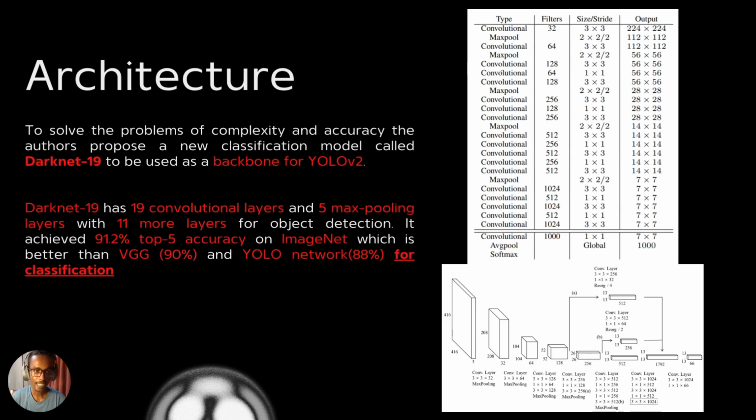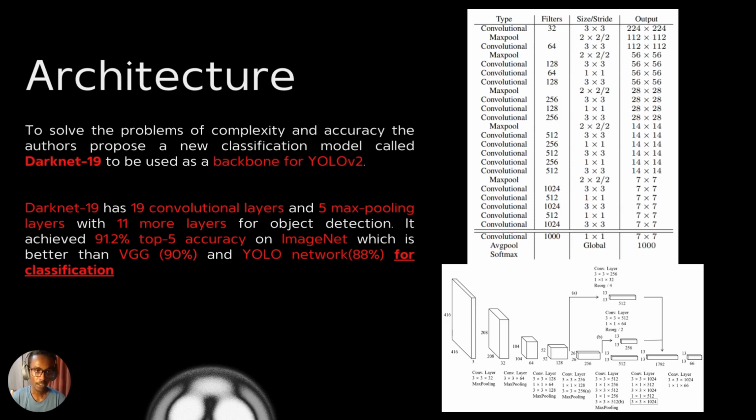The 19 in the name is because it has 19 convolutional layers and 5 max pooling layers. 11 more layers were used for object detection, so in total we have 30 layers.